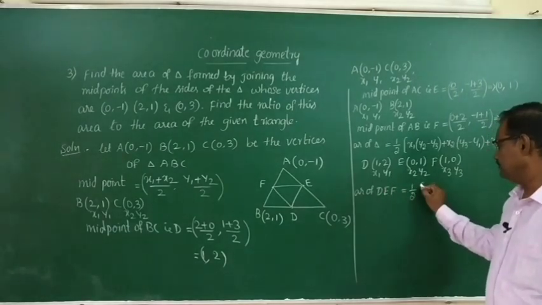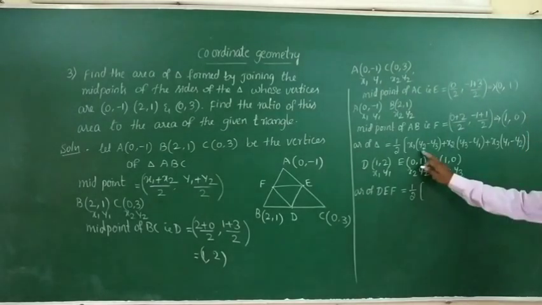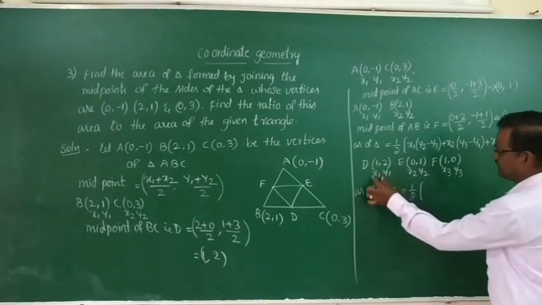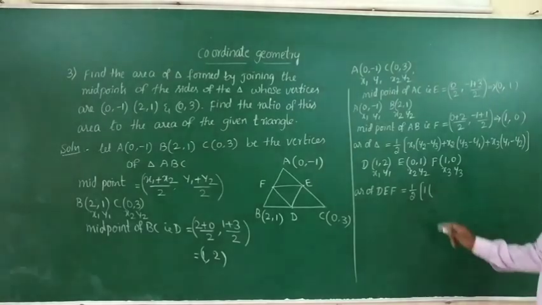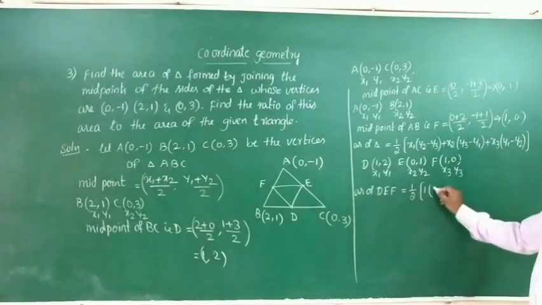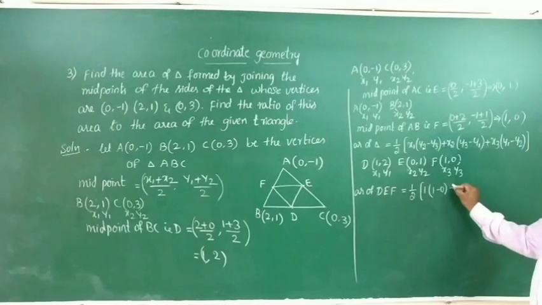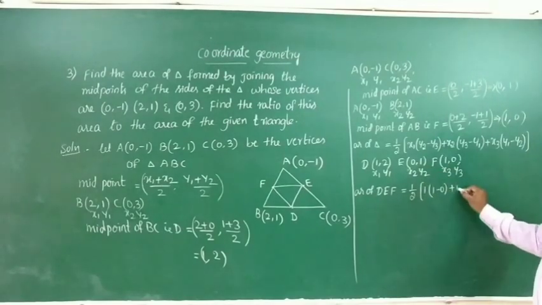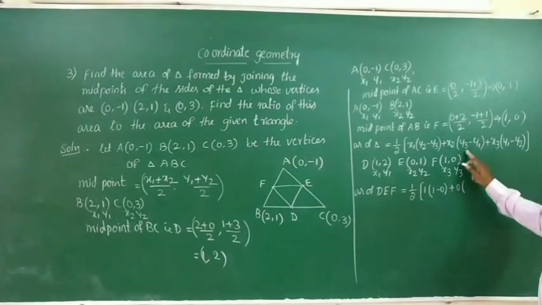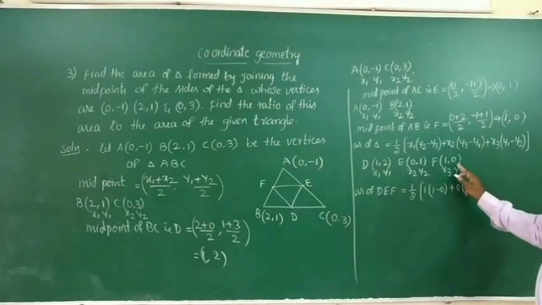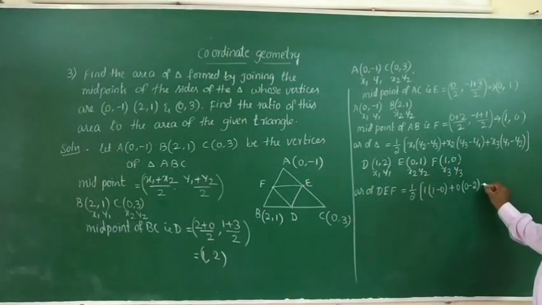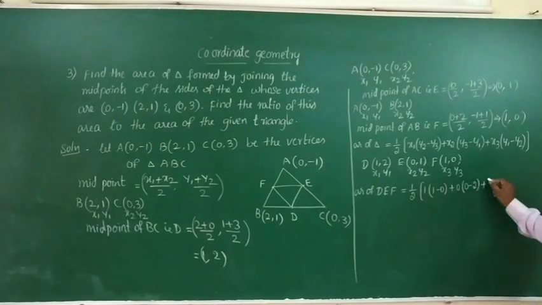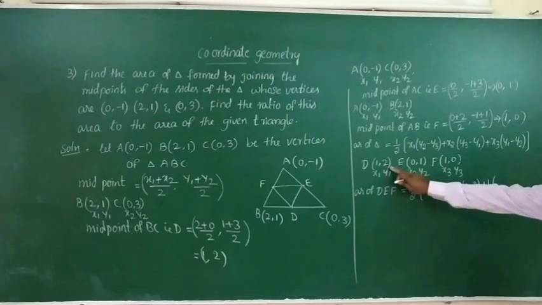According to the formula, x1 is 1 into (y2 minus y3), 1 minus 0, plus x2, 0, into (y3 minus y1), 0 minus 2, plus x3, 1, into (y1 minus y2), 2 minus 1.